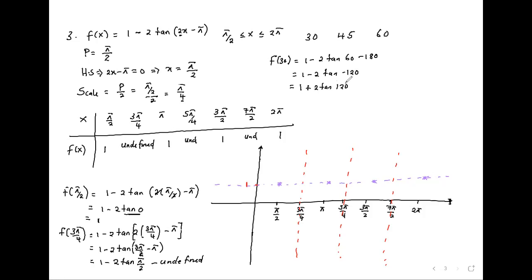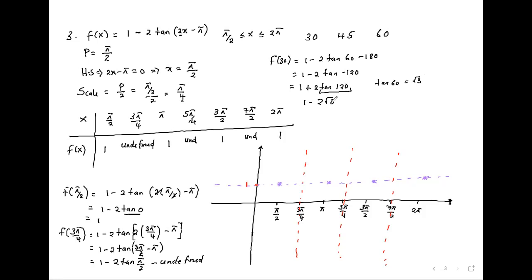And because 120 is in the second quadrant, we know that this angle is going to be negative when we get it. So tan 120 is the same thing as negative tan 60, but tan 60 is root 3. So it's going to be 1 minus 2 root 3.